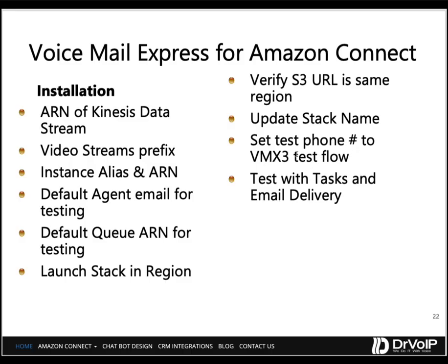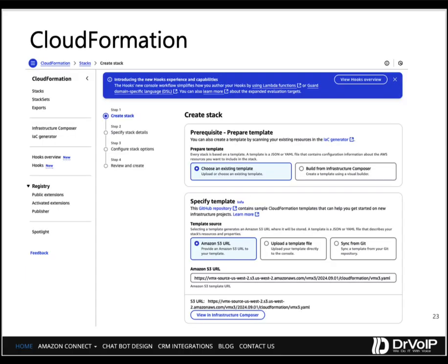When we're done, it's going to generate some test flows for you to test the deployment. So you're going to attach a telephone number to that test flow. And we can test with tasks and/or email delivery. The CloudFormation template is pretty straightforward.